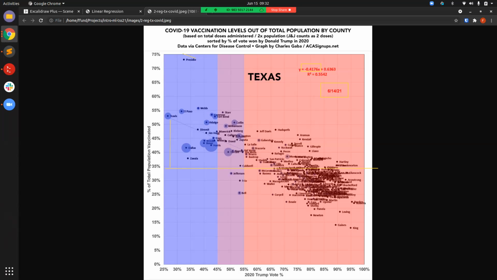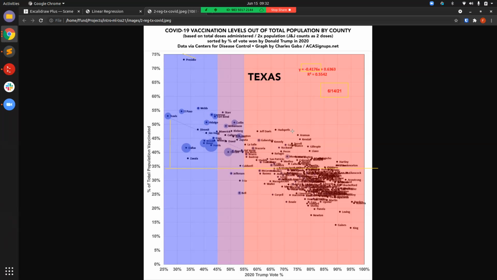Other reasons are, maybe there's some association where political values or partisanship attitudes are responsible for the vote, and they're also responsible for vaccination attitudes in individuals. Or there could even be what we call a confounding variable that's not even as directly related.